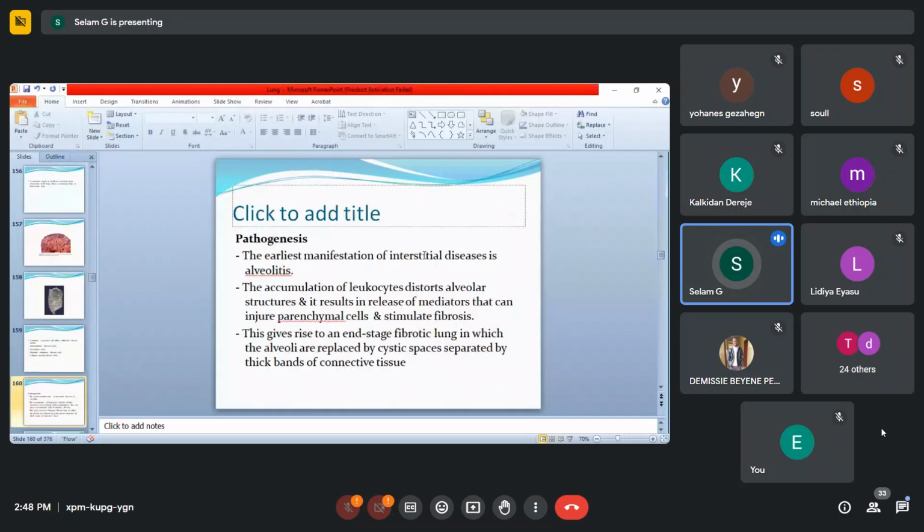So the inflammation of the alveoli, because they are intimately associated with the interstitium, there will be inflammatory cells in the interstitium. So whenever there is chronic inflammation due to some reason, there will be proliferation of fibroblasts. These fibroblasts deposit collagen, leading to scar formation.